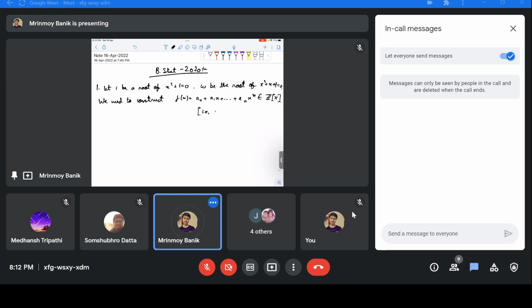So that is, yeah, these are integers. Such that f(i plus omega) is 0. So we have to construct a polynomial with all integer coefficients such that iota plus omega is a root of that function.